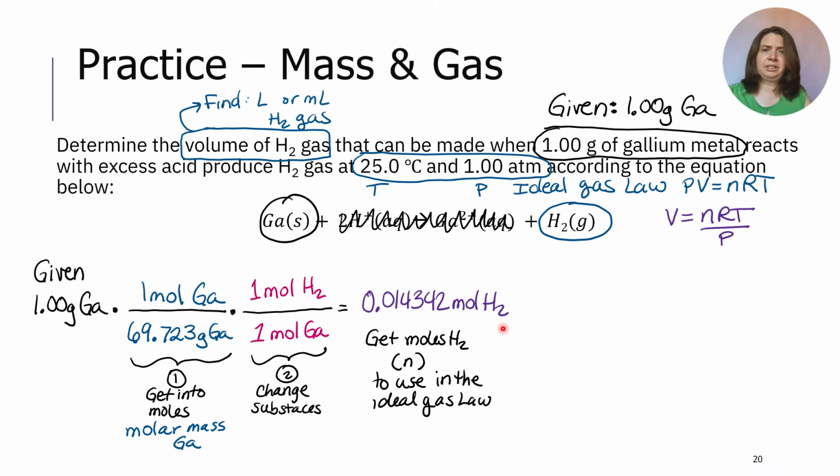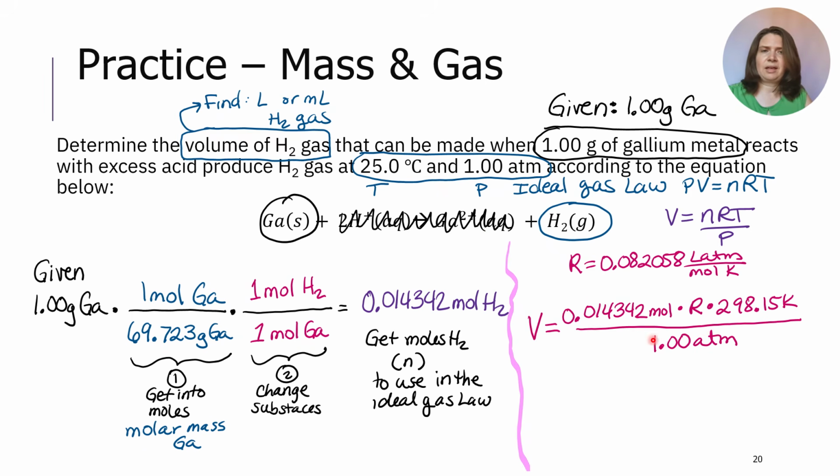Now substitute into the ideal gas law. I will use an R value of 0.082058 liter atmospheres per mole Kelvin because the pressure I am given is in atmospheres. My temperature also needs to be in Kelvin. When converted into Kelvin, my temperature is 298.15 Kelvin.